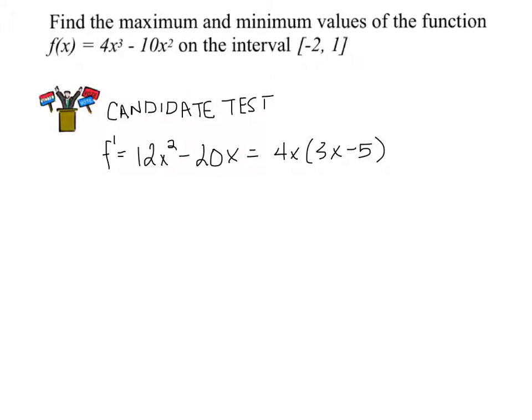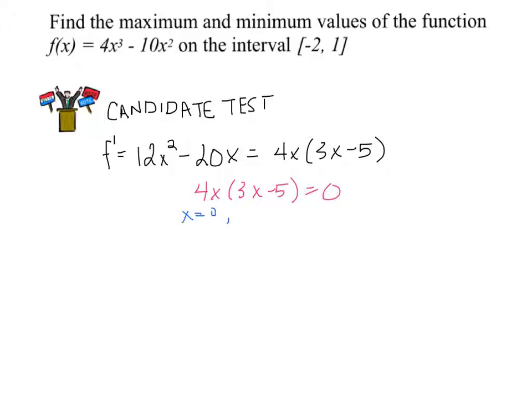So I'm going to take my derivative and set this equal to 0. So using what we know about functions where there's 0 and factoring, of course one of the answers is 0 because 4 multiplied by 0 is 0. And the other is what would make 3x minus 5 equal to 0.